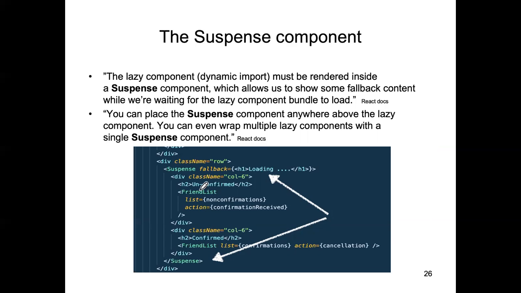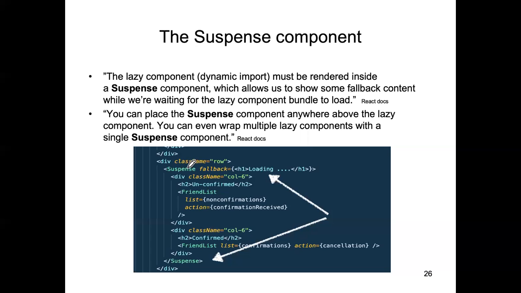And so that would mean that my React app would actually crash and my screen would go blank. For that reason, you have to wrap any invocation of friends list in a special component called the Suspense component. The Suspense component is provided by React as well.